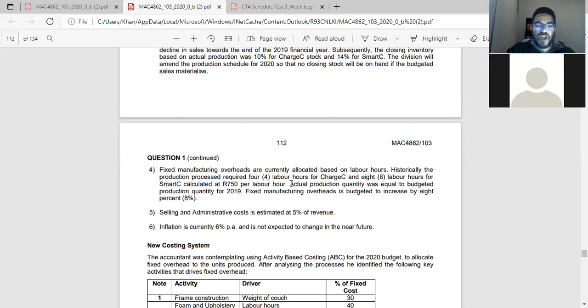Fixed manufacturing overheads are budgeted to increase by 8%. So they're saying, okay, we got that, labor hours. Actual production quantity was equal to budgeted production quantity. Okay, we'll have to figure out how they calculate that.